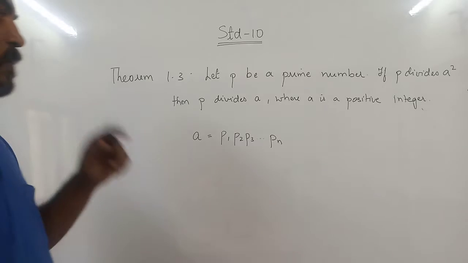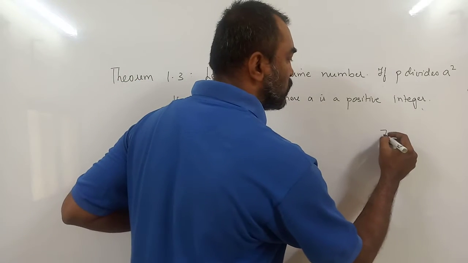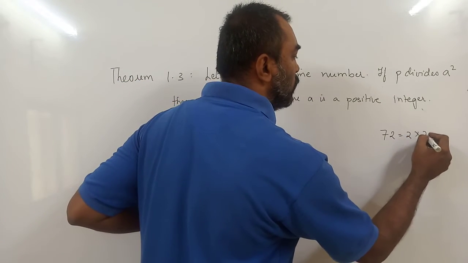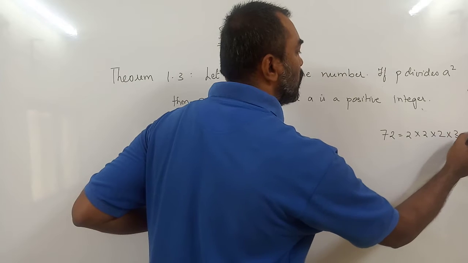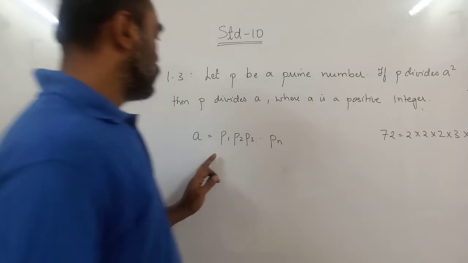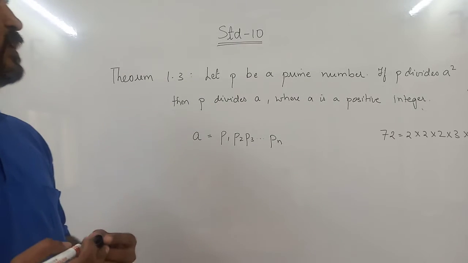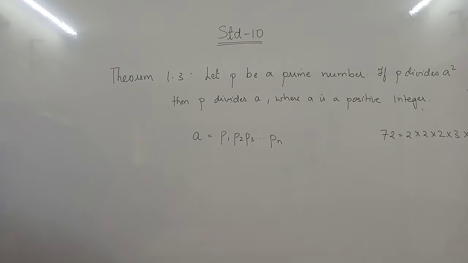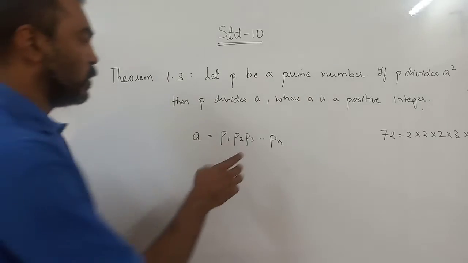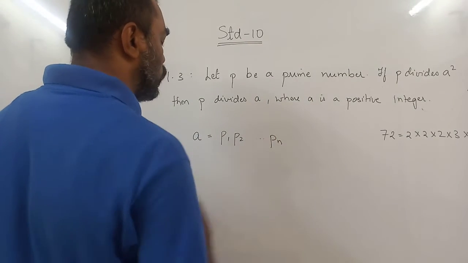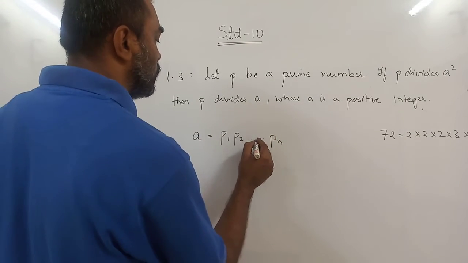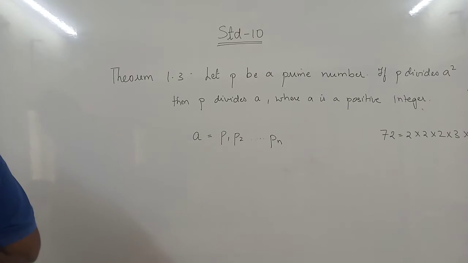Yesterday, remember for example, we took 72 is 2 into 2 into 2 into 3 into 3. So this is P1 into P2 into P3. This is the way we write A. We don't know how many factors there are, so A is expressed in this way.